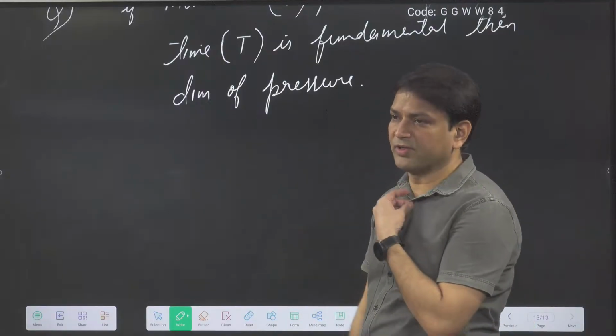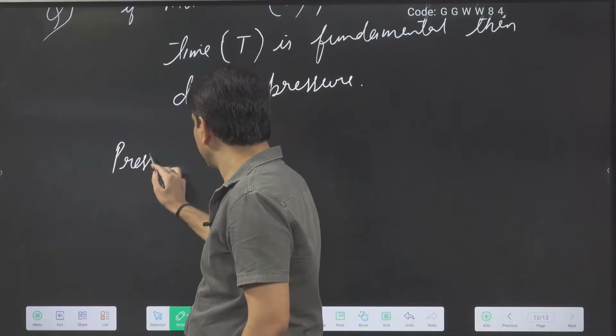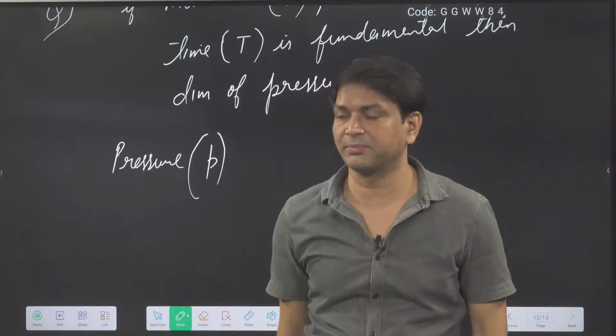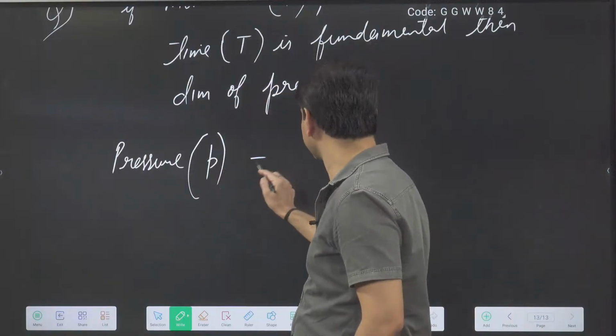So method 1 I will say, pressure, what is the formula? I'm using the small letter p for pressure because for momentum they are using the capital P. Pressure is force upon area.